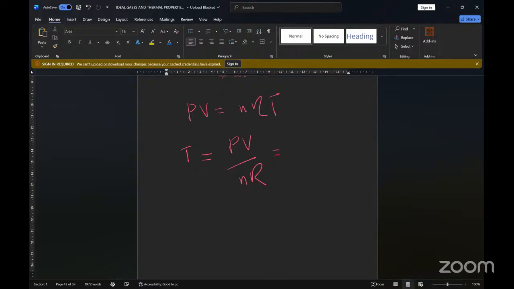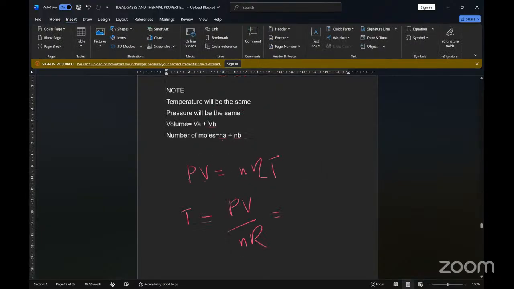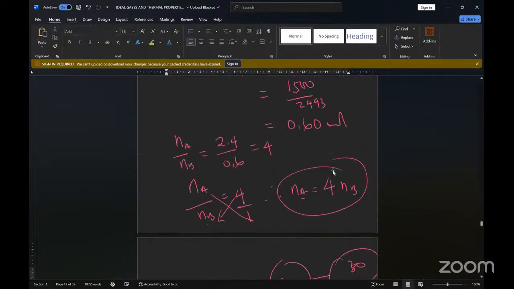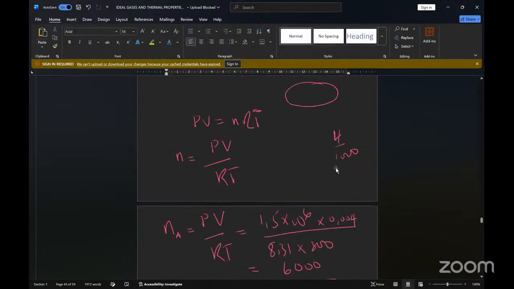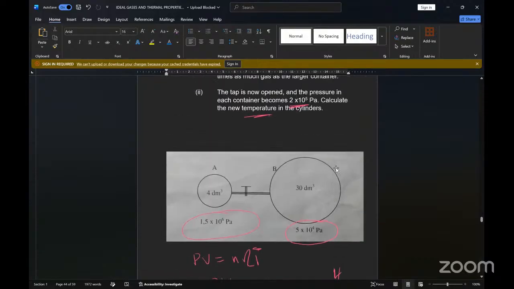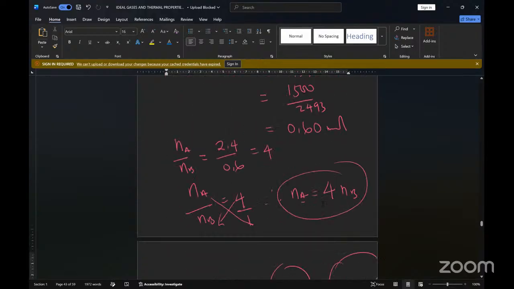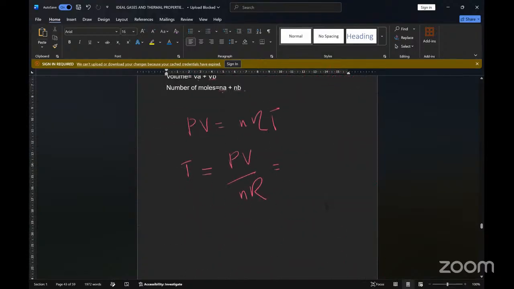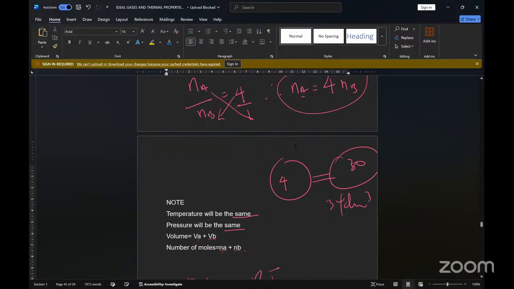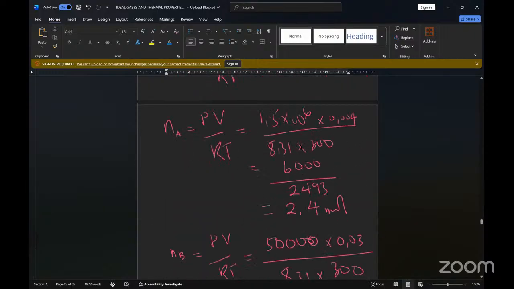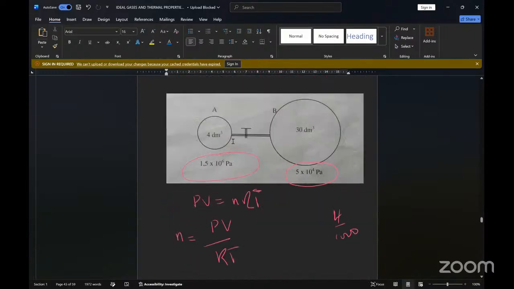So your P here, if you go here, you will see that the pressure is given as 2 times 10 raised to the power 5. Means 2 with 5 zeros, 1, 2, 3, 4, 5, times the volume. The volume is the combined volume of the two cylinders.